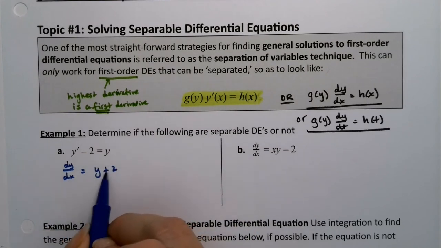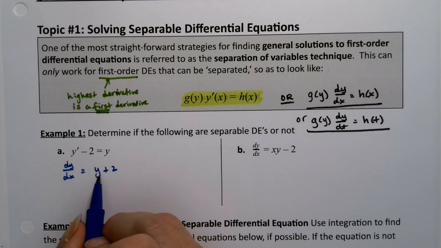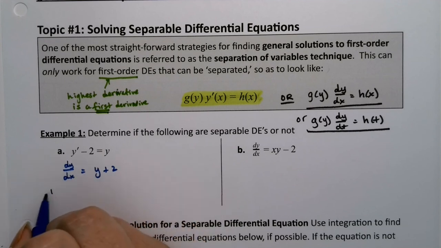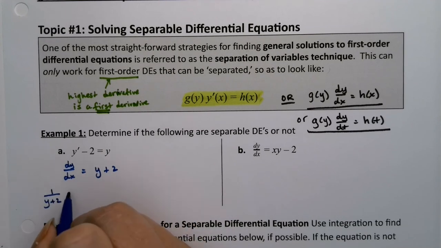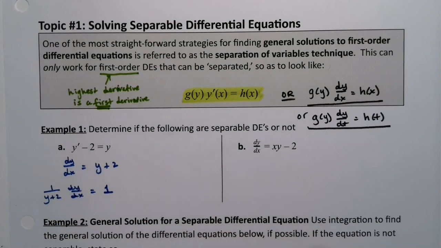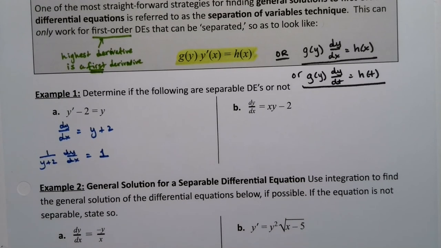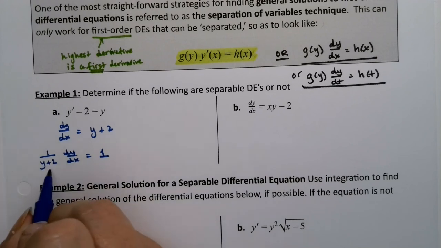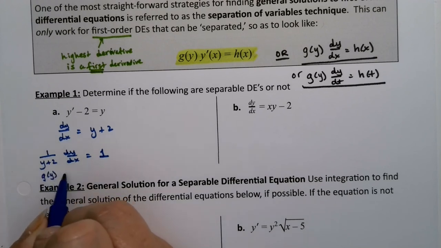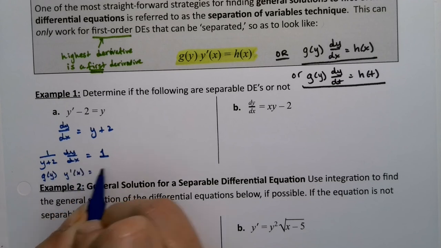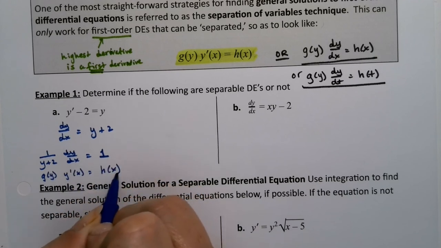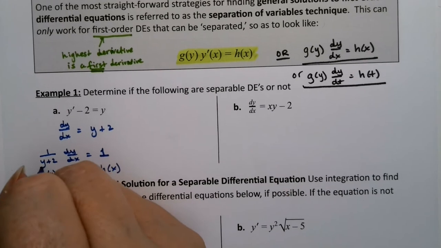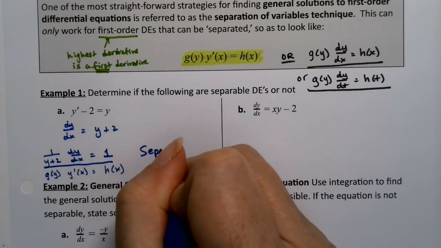So we could divide both sides by y plus 2. Over here, we'd have 1 left. So it'd be 1 over y plus 2, dy/dx equals 1. Right? Because I'm dividing both sides by y plus 2. So then this is a function of y, so that's g of y. This is y prime, and that is a function of x. It's a boring function of x because it's constant, but it works. This is separable.